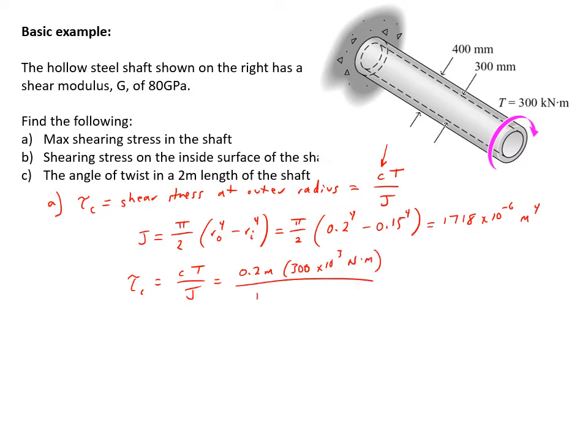Divide all of that by 1718 times 10 to the minus 6th meters to the fourth, and we get 34.9 times 10 to the 6th newtons per meter squared. So that's going to be 34.9 megapascals.